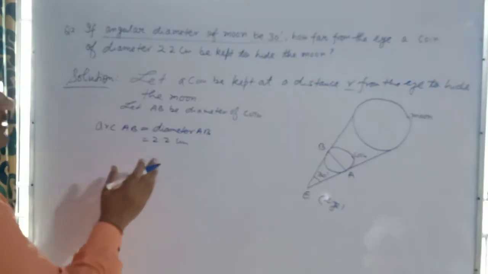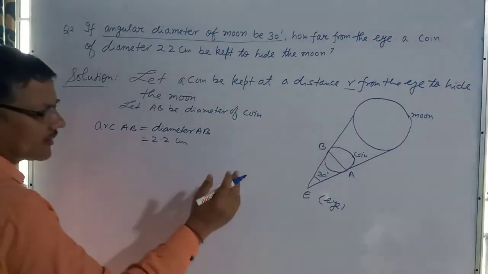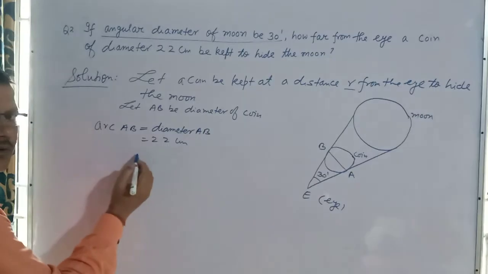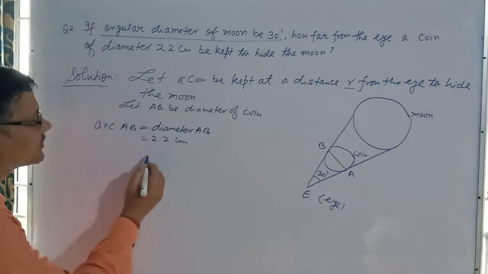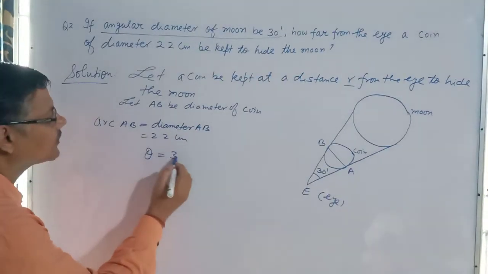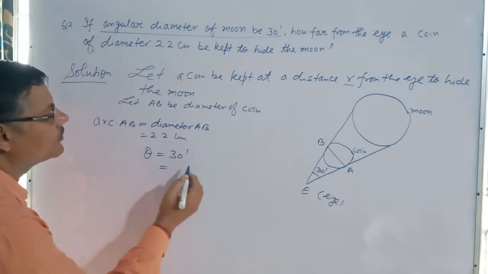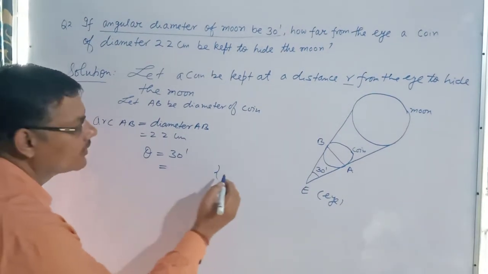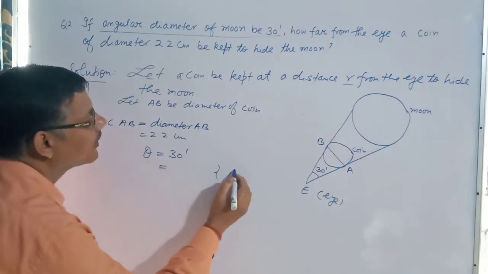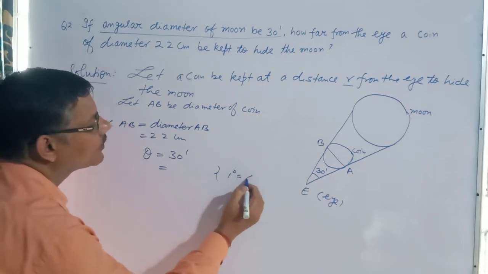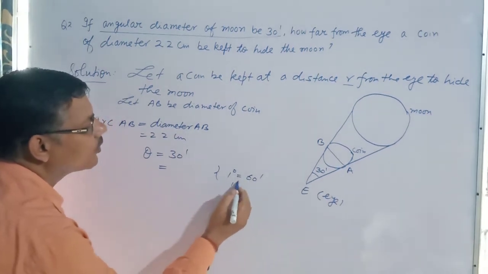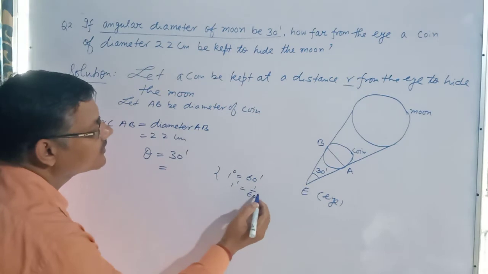So just start from the formula. Before that, in that formula we are required to use the angle in radian. So theta is equal to 30 minutes. Try to change it into degree. 1 degree is equal to how many minutes? 60. 1 minute is equal to 1 by 60 degree.